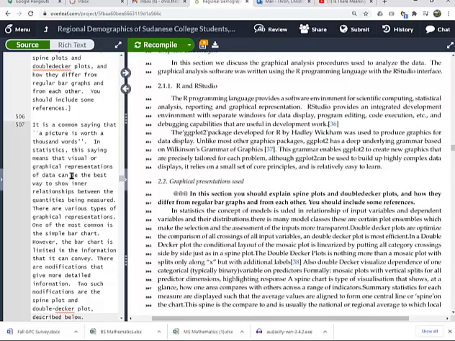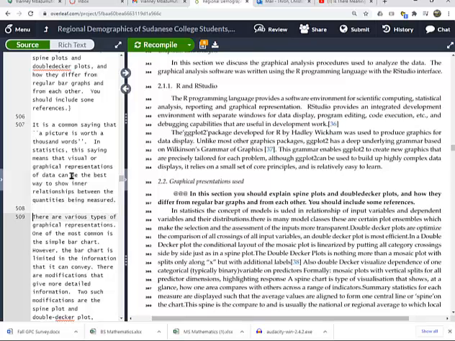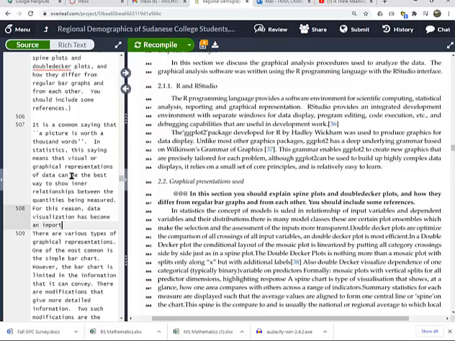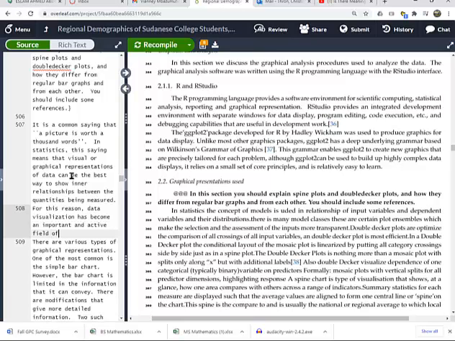Okay, and then say, so you can say for this reason, data visualization has become an important and active field of study. And then here you should give some references.